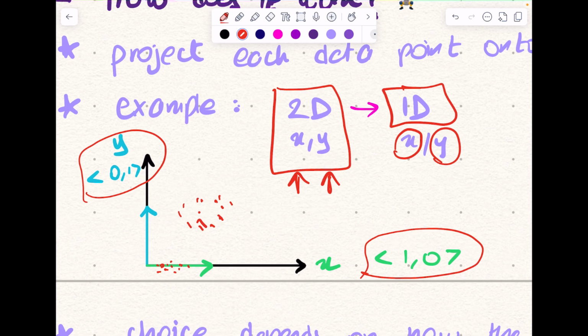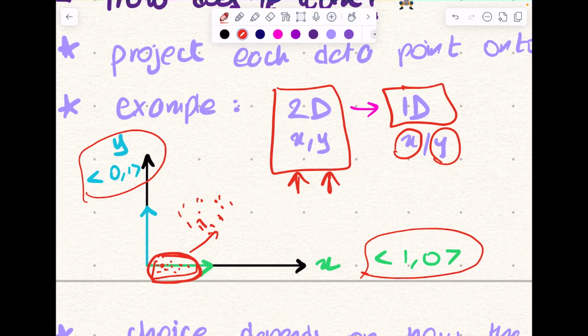And thus, if you try to go back from this projected data to your original data, there's a high chance that you're not going to get the exact same point, because all of these distinct points ended up coming to a similar set of points.